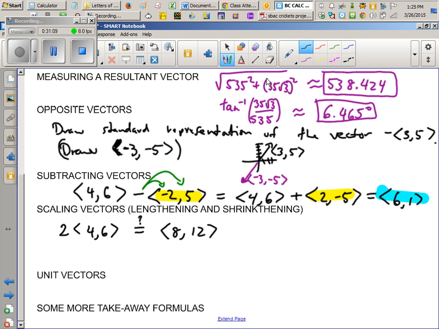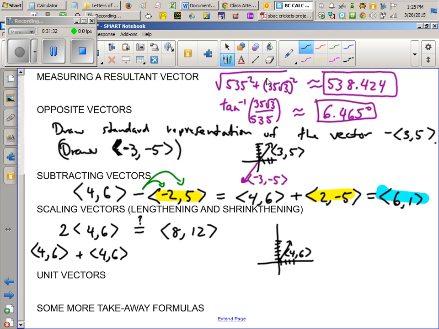(4, 6) looks like this. But 2 times (4, 6) can also be interpreted as (4, 6) plus itself, (4, 6) plus (4, 6), the same thing as 2 times (4, 6).